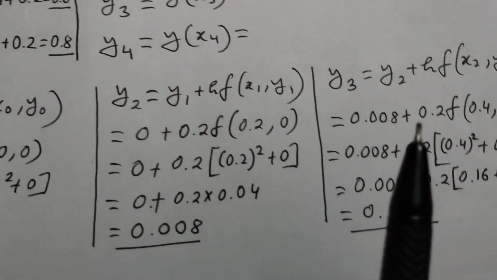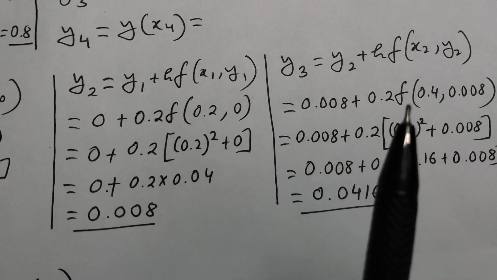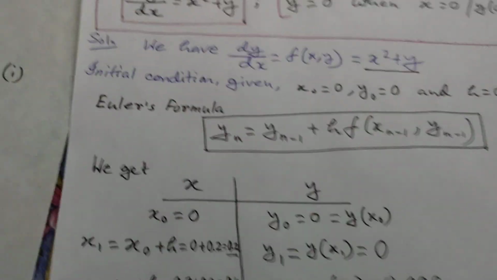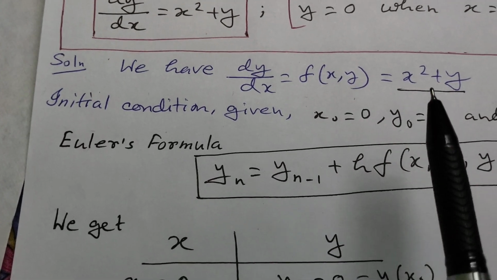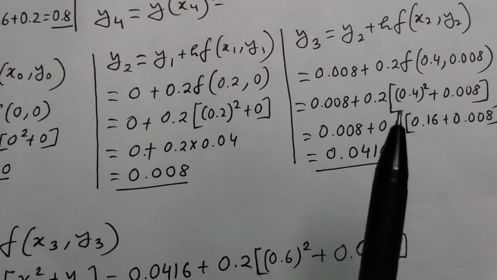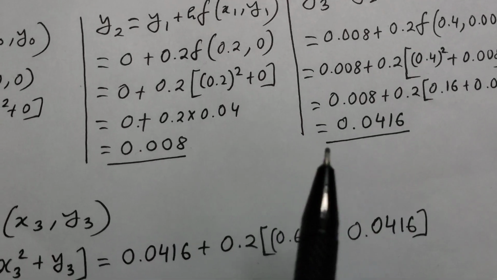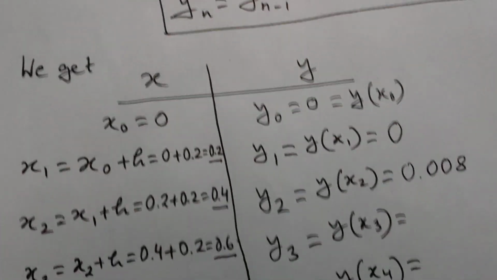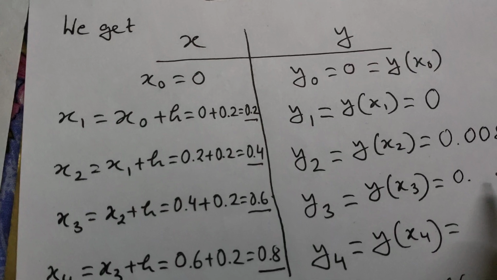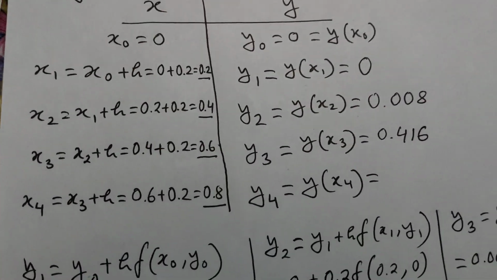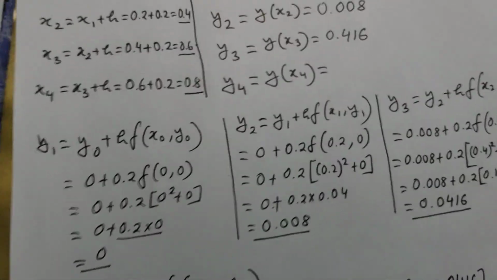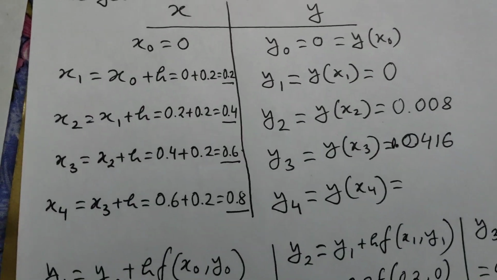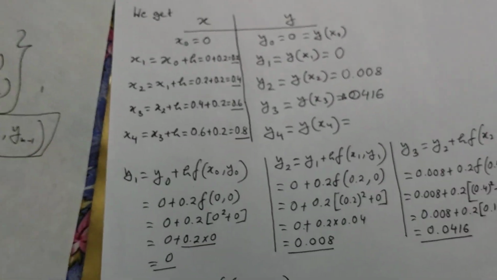So it will be 0.008 plus 0.2 f(0.4, 0.008), and from the equation x squared plus y, it will be 0.4 whole squared plus 0.008, and we will get the value 0.416. Sorry, it is 0.0416, right? 0.0416.